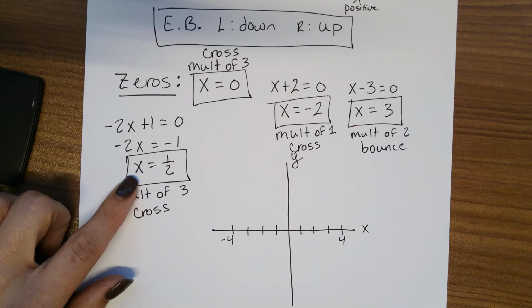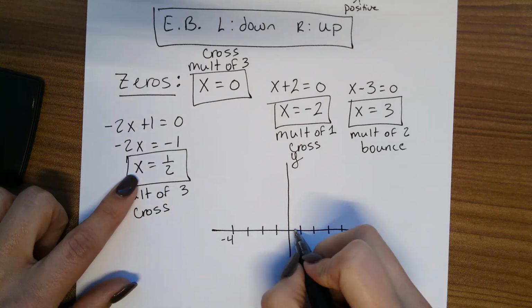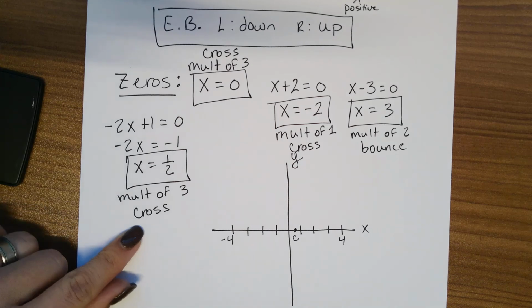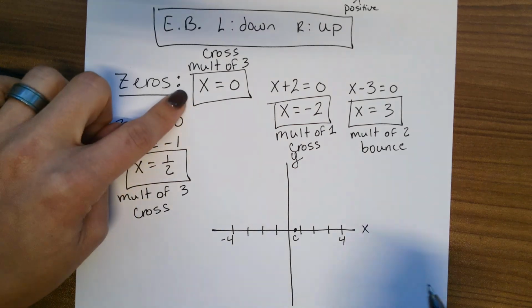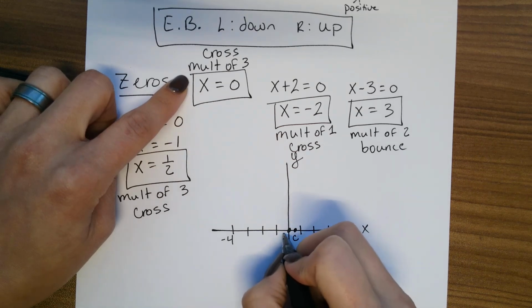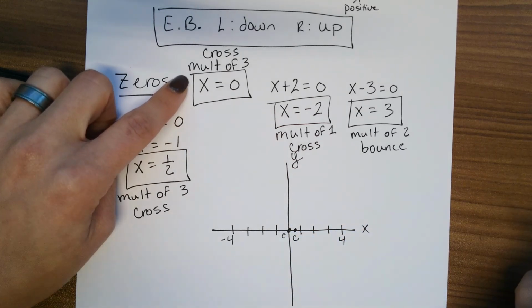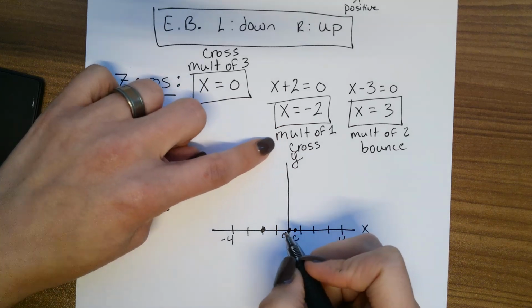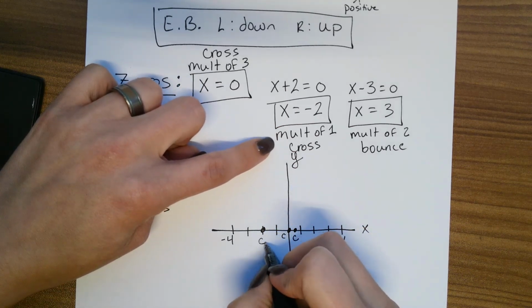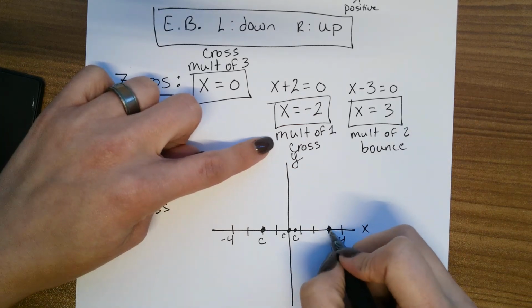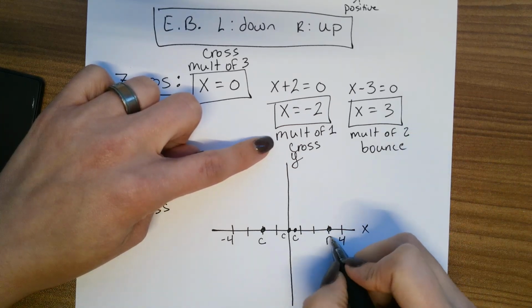I have x equals positive a half, so it's in between 0 and 1 right here, and I know I'm supposed to cross, so I like to put a little c right there so I know what's happening. X equals 0 right here, and again I know I should cross, so I'm going to put another little c right there. X equals negative 2. Again, its multiplicity was odd, so it should cross. And x equals positive 3, so right here. Its multiplicity was even, so I know it should bounce.